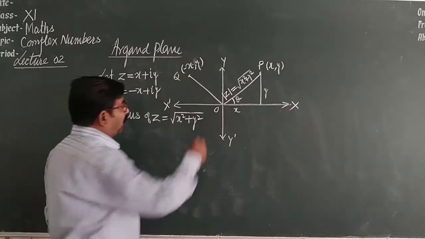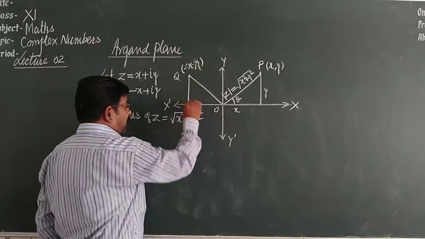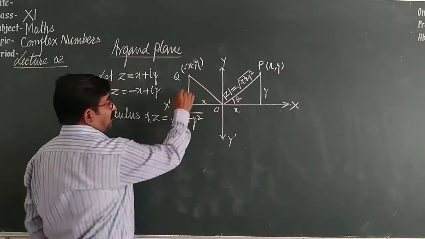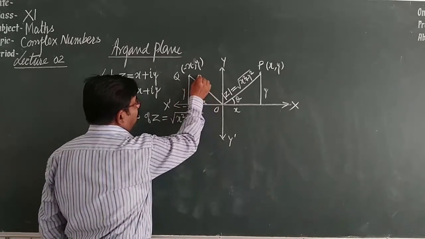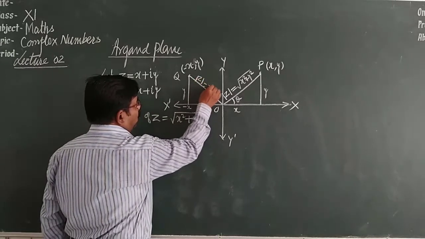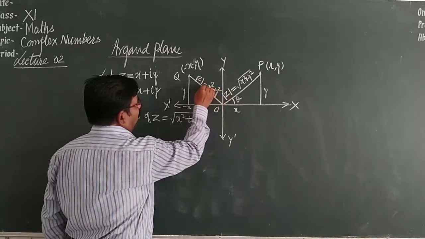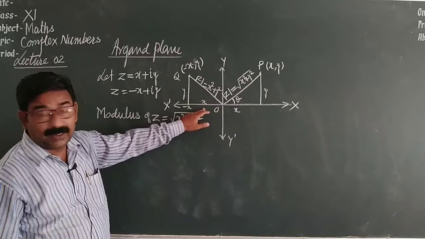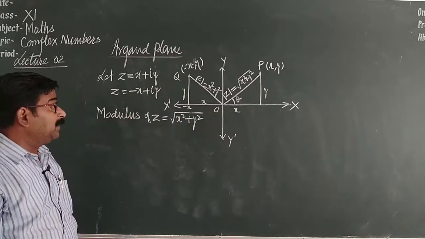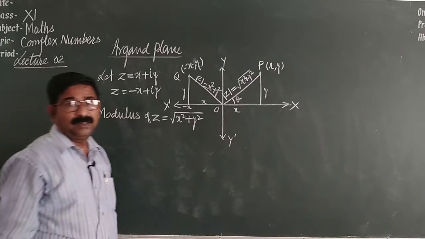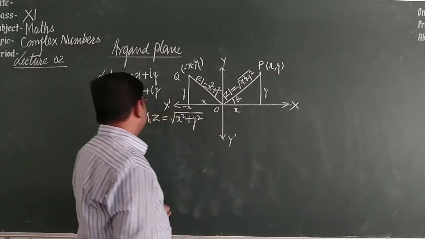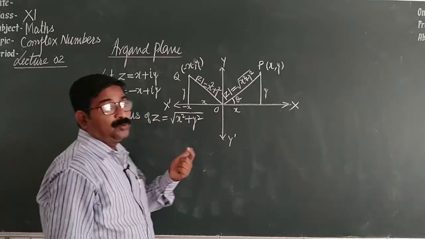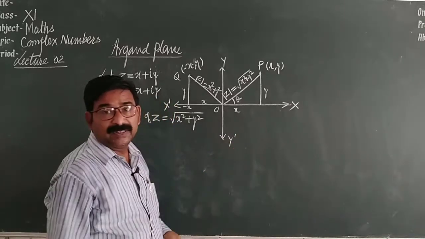So this distance is x, because this is minus x, and this one is y. So again you will see modulus of z is equal to under root x square plus y square. The square of a negative is positive, and distance is never negative. I mean to say, for any point in this Argand plane, the modulus of z is the square root of the sum of squares of the real part and imaginary part.